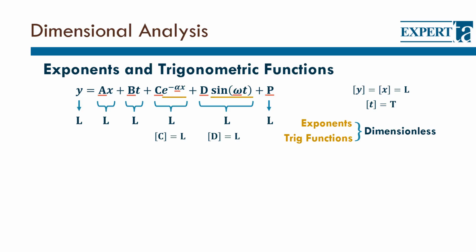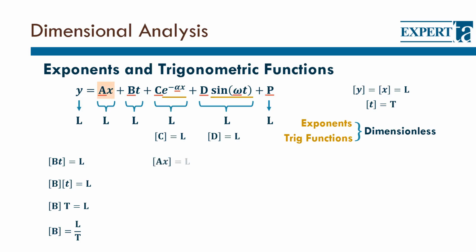Alright, let's look at the bt term. The bt term has to have dimension L for this equation to be consistent. Let's do the math. b times t is L. The dimension of b multiplied by the dimension of t, which is given to be T, is equal to L, and so the dimension of b is L over T. Now let's look at the first term, ax.